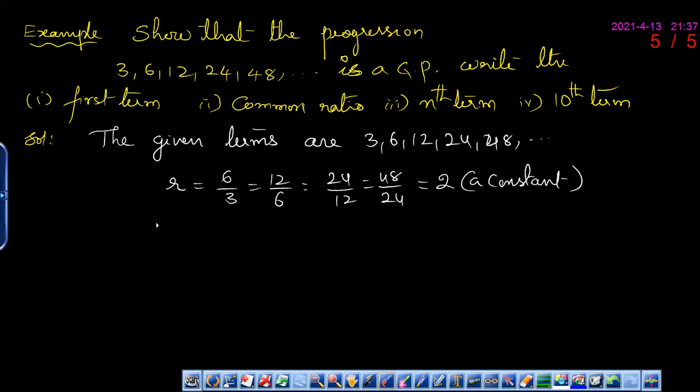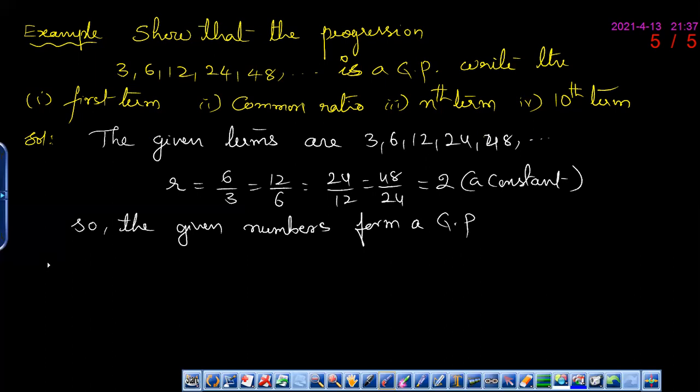So R is equal to 2, and the given numbers form a GP. Without confirming this, we cannot find the nth term and the 10th term. If the series is not a geometrical progression, how can you find the nth and 10th term?